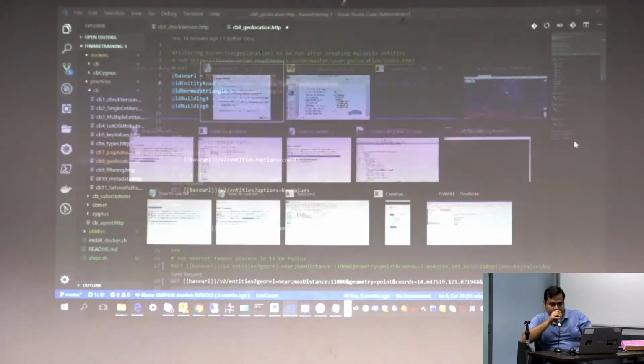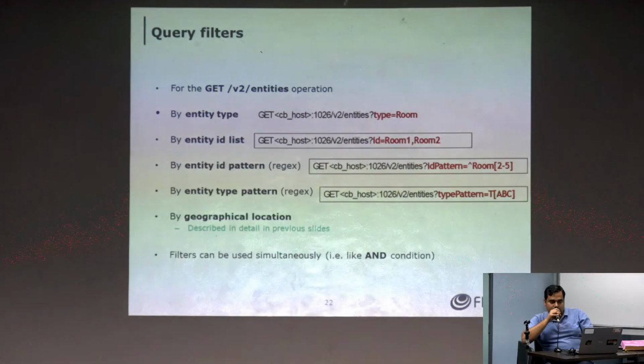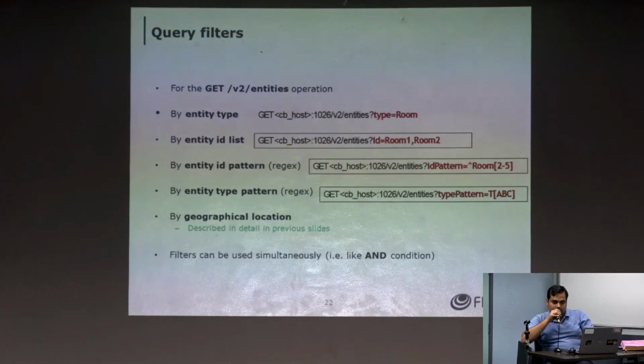Okay. So here you can also filter by ID. You can either filter by type, if you just want rooms in the context broker, or let's say if you want the entities room 1 and room 2, you can do that.